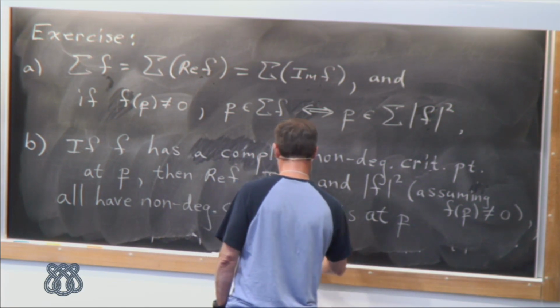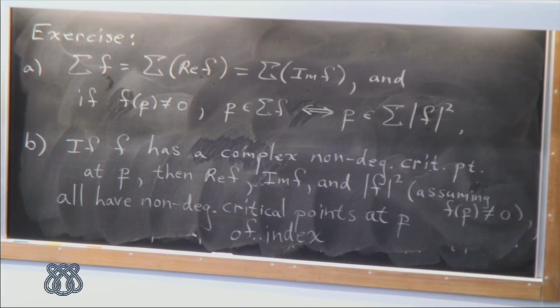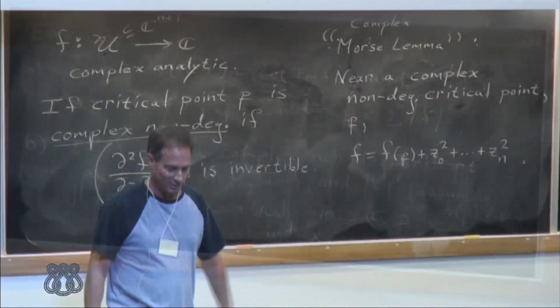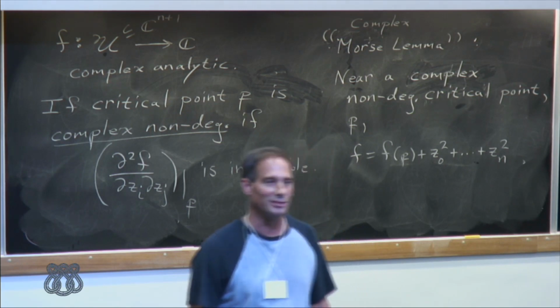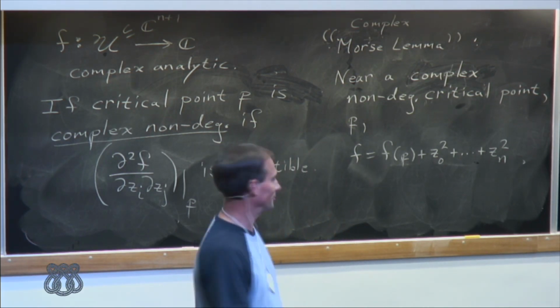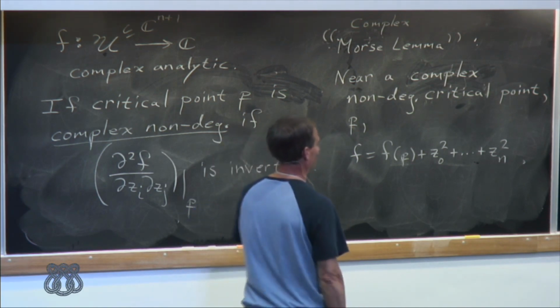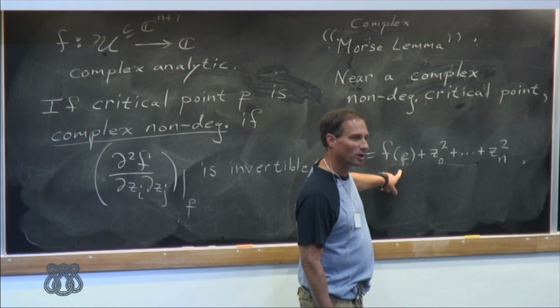All right. This is real 2n plus 2 dimensional. What's the index at a complex non-degenerate critical point? Look at this. Think about expanding it in x's and y's.